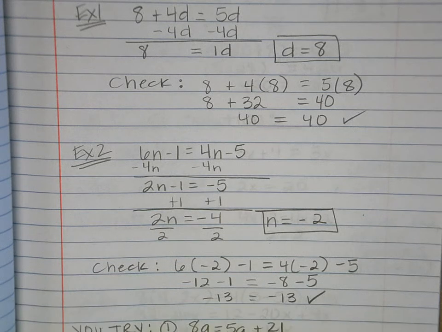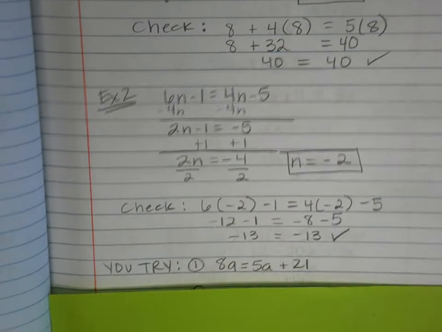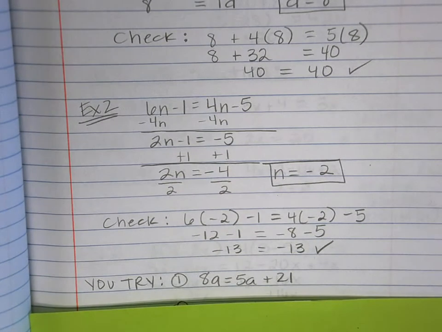Okay, I want you guys to try this one in your notebook. This 8a equals 5a plus 21. We'll start off simple.